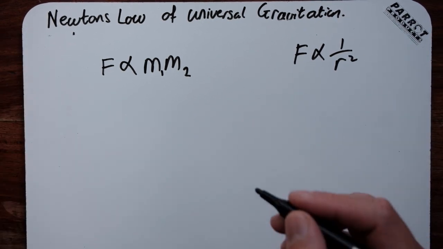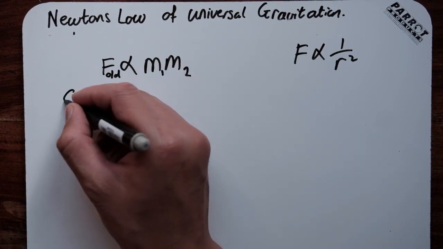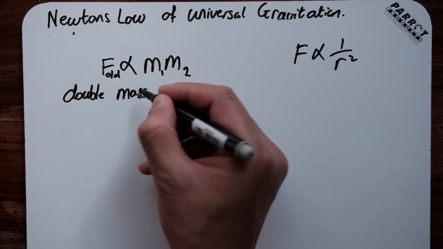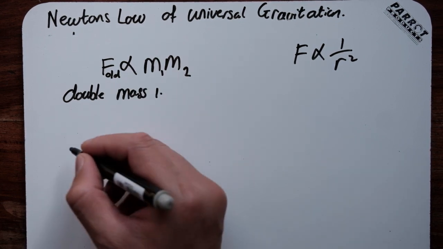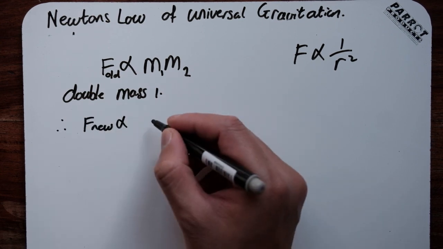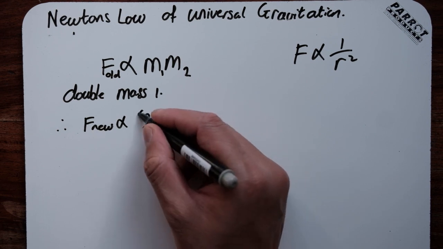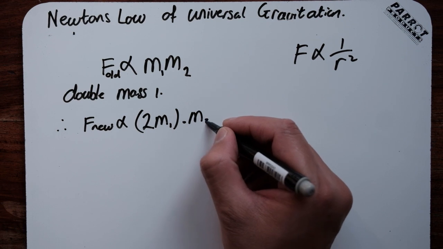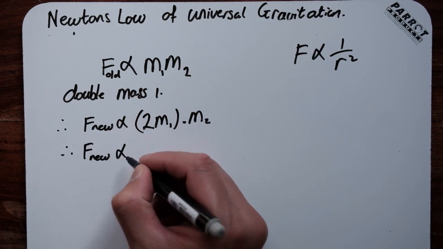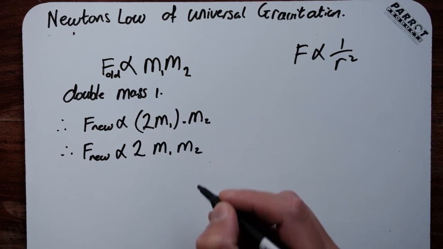Now, let's just say this is our old force, and we were to now double mass 1. So therefore, the new force would be proportional to 2 times mass 1 times mass 2.